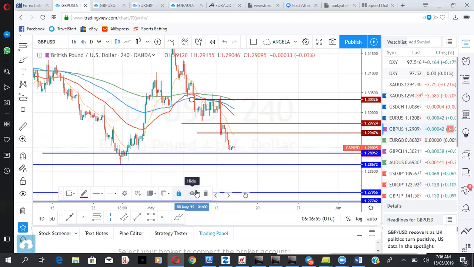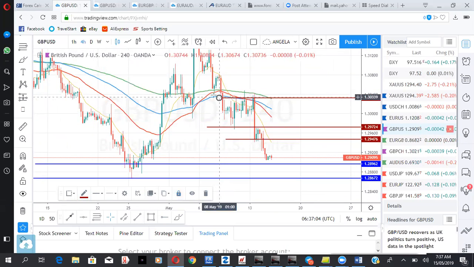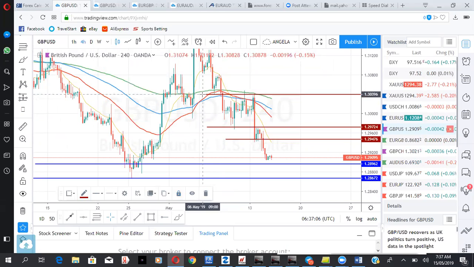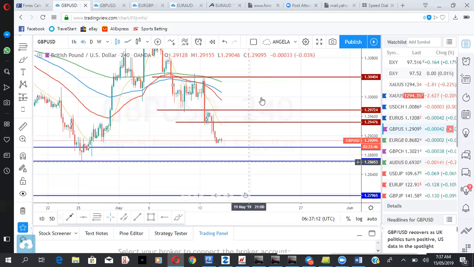So these are the plausible areas of support and resistance for the GBPUSD. For now, this pair is seriously in a downtrend.